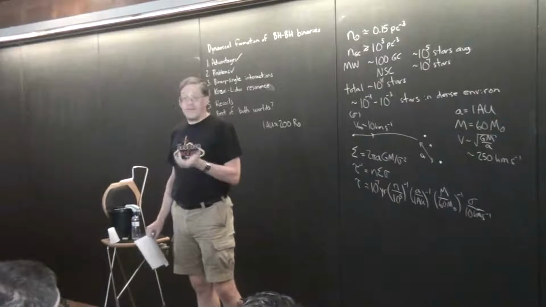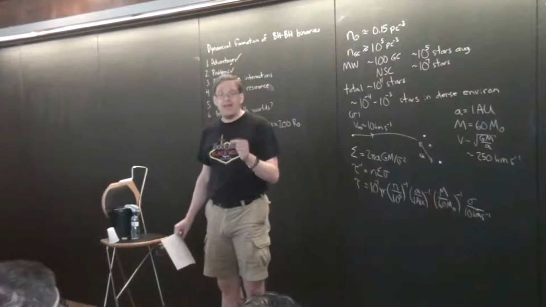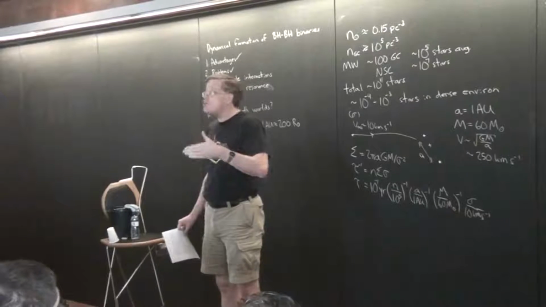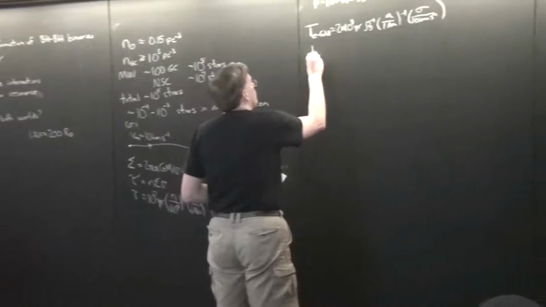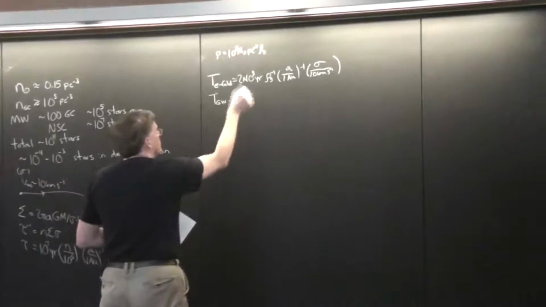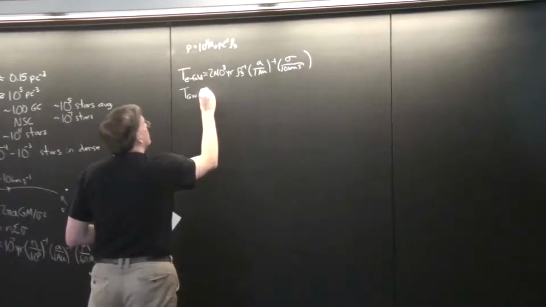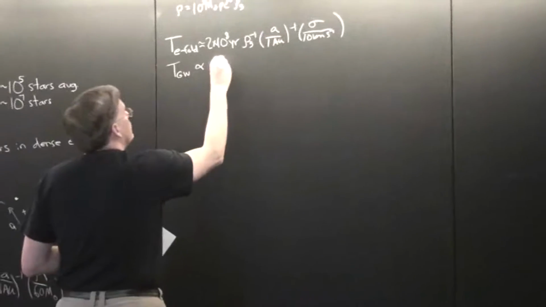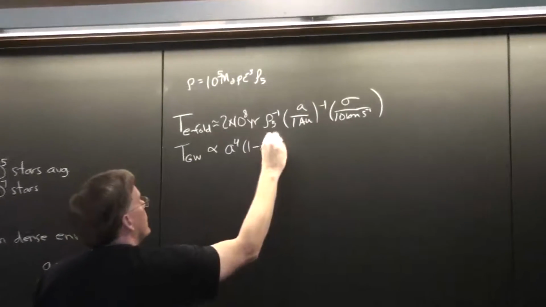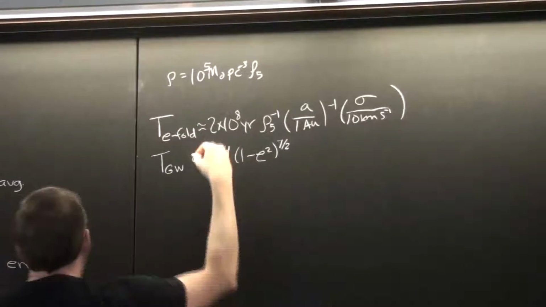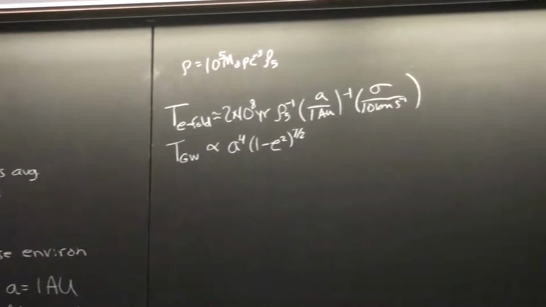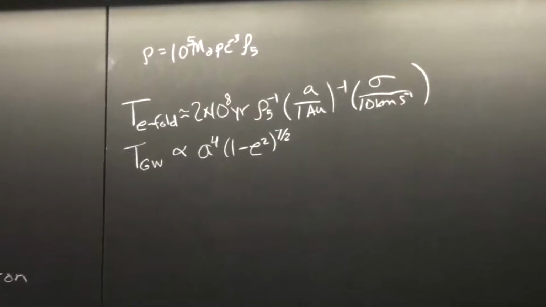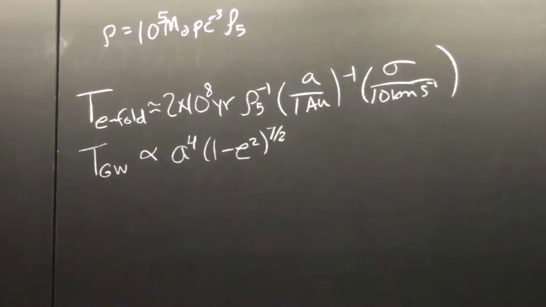And as you know, for a fixed semi-major axis, the time to merger is very much shorter if you have a significant eccentricity. In fact, the gravitational wave time, and there's a prefactor of order unity, is going to be something like a to the 4th times 1 minus e squared to the 7/2. And there's a mass factor as well. So this means that if you can get to a high eccentricity, then you can merge even if the semi-major axis is not all that small. And it gets even better than this.